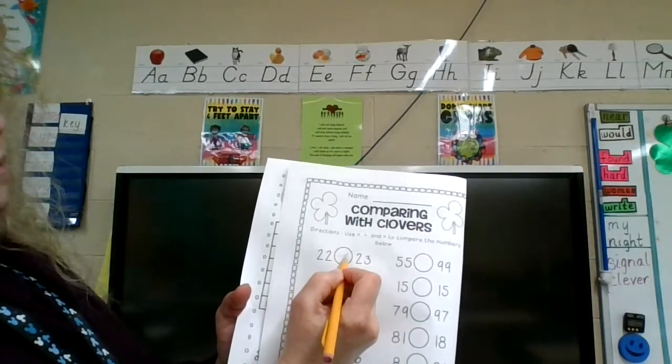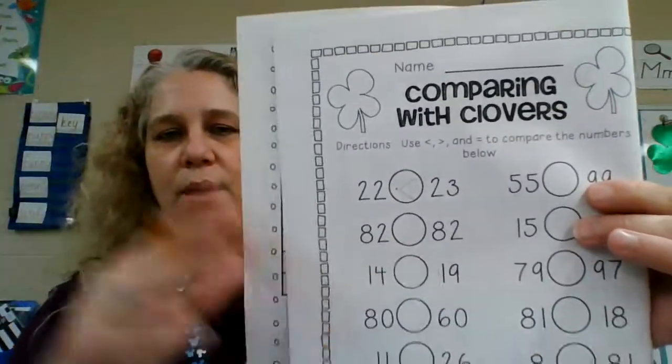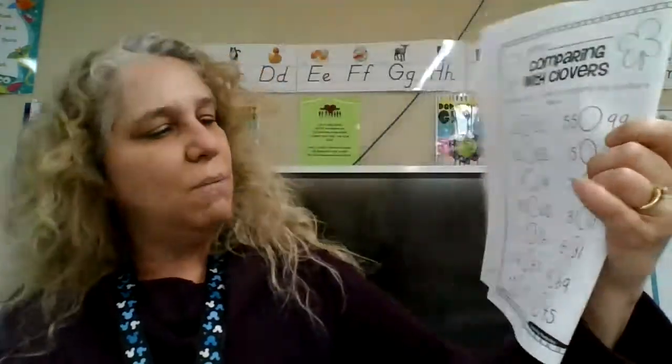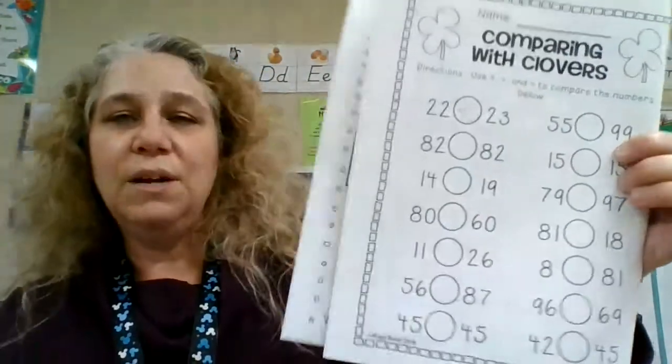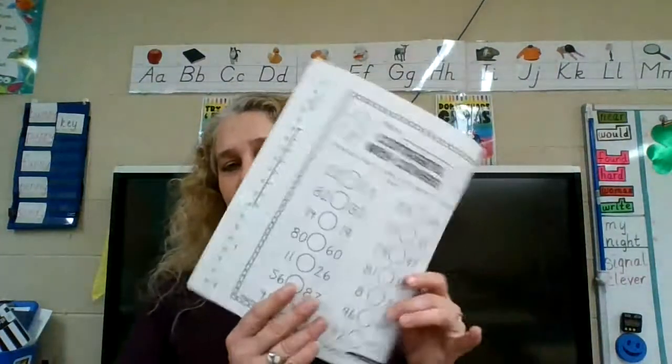And then I'm going to go that way and that way. And the alligator will eat the 23. Okay, if the two numbers are the same, you put in equals. All right, and like I said, you don't have to do that one today. You can wait until you learn greater than less than on our video lesson, okay?